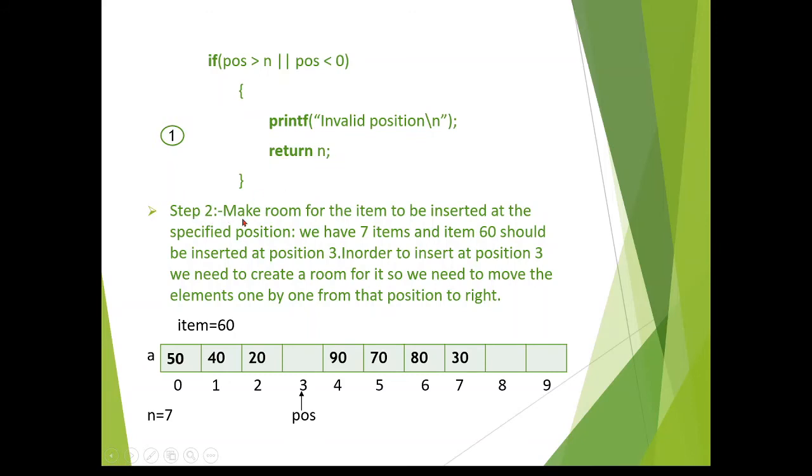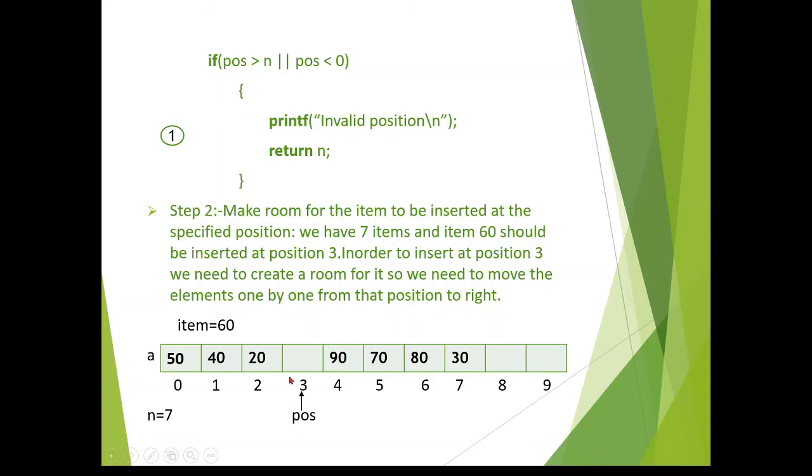In step 2, we have to make room for the item to be inserted at the specific position. The item we need to insert is 60, at the third position. In order to insert item 60 at the third position, we need to move the elements one after the other forward.